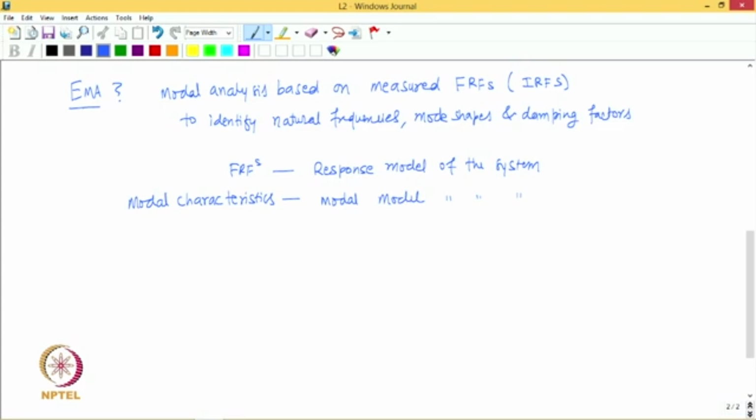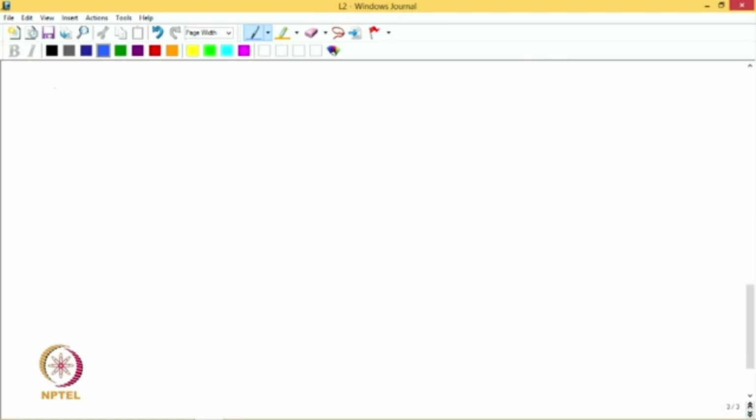So, what is the difference between analytical and experimental analysis? That can also be understood in this manner. Let us say we have analytical model analysis. It starts from the spatial model, and from the analysis of the spatial model, the modal model can be obtained.